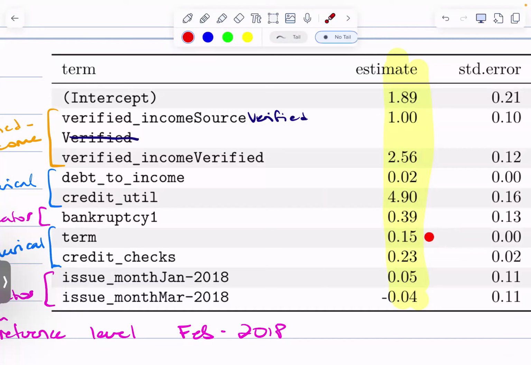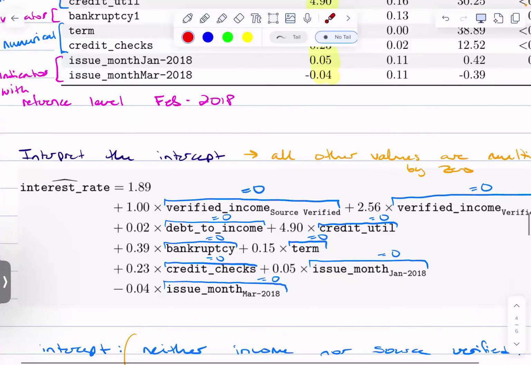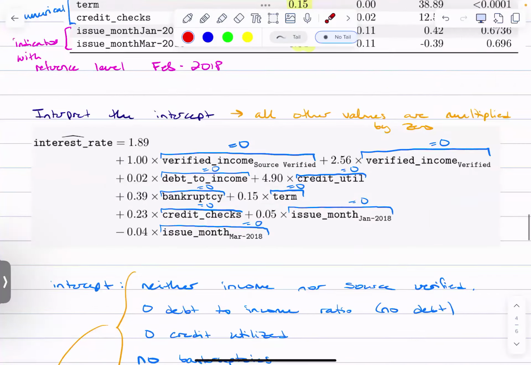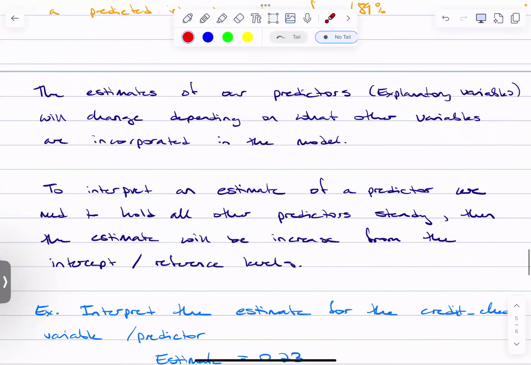Then for each additional month of the loan that you borrow, you expect a 0.15 unit increase in the predicted interest rate. And that's the same, and it will be to you eventually, as the one value of x scenario.